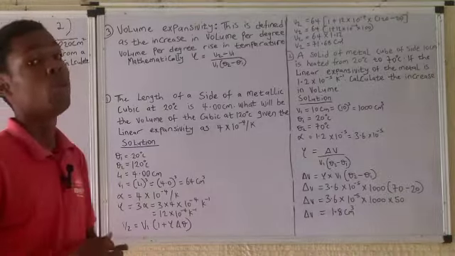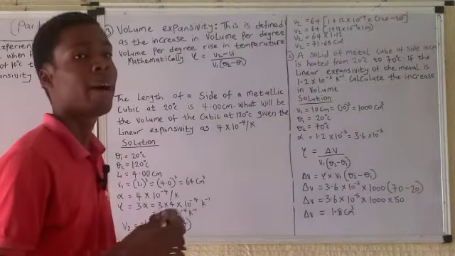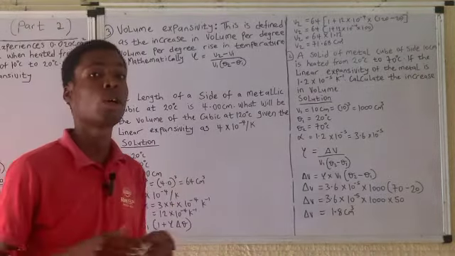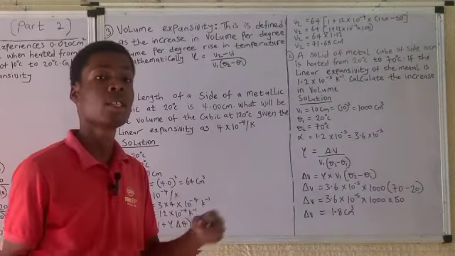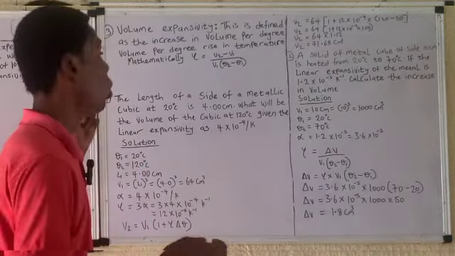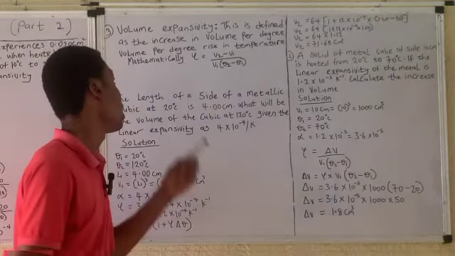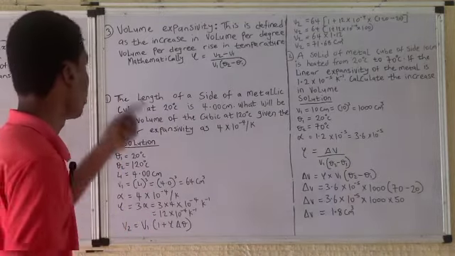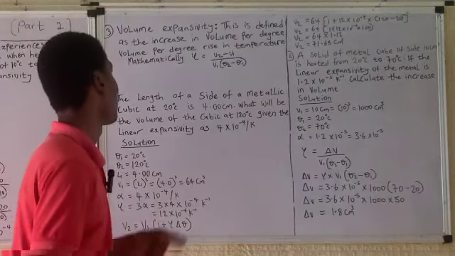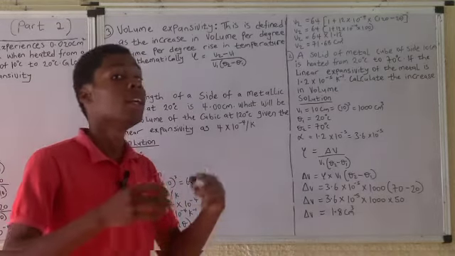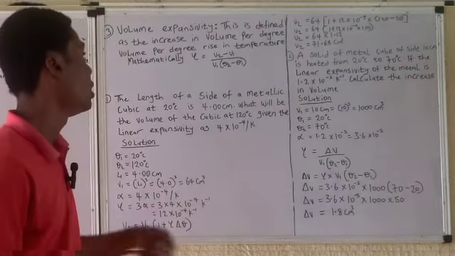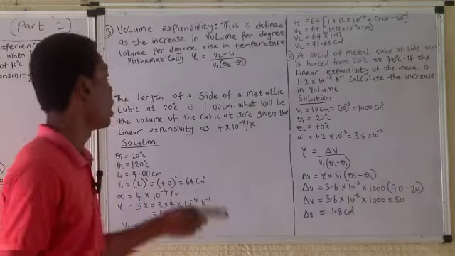So we move to volume expansivity. Remember I said we have 3 basic expansions in solids, which are the linear expansion or expansivity, the area expansion, and the volume expansion. So we are doing volume now. What's volume expansivity? It's defined as the increase in volume per degree rise in temperature.